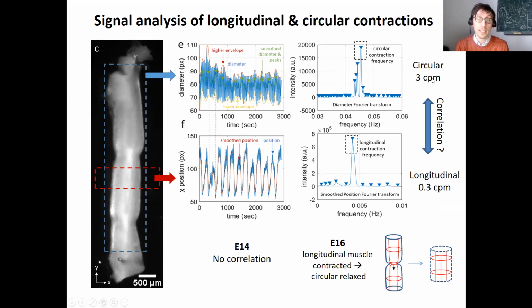So we were interested in knowing whether the two are correlated. Is there any coupling? We found none at E14, but at E16, we could distinctly observe that when longitudinal muscle was contracted, there were no more circular contractions, or their amplitude was strongly diminished.